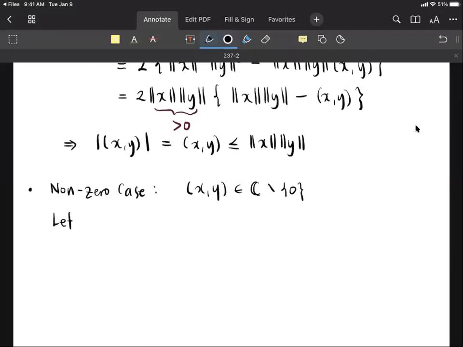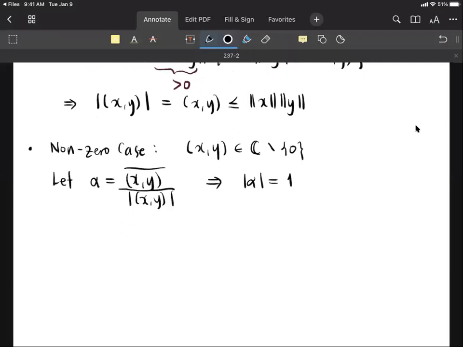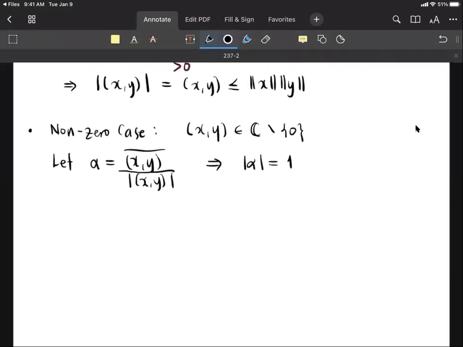So the idea is to introduce an alpha, which is the conjugate of the inner product divided by the magnitude. You can see immediately that the magnitude of alpha is equal to 1, because the magnitude is preserved or invariant under conjugation.